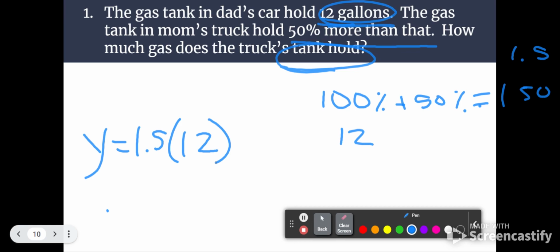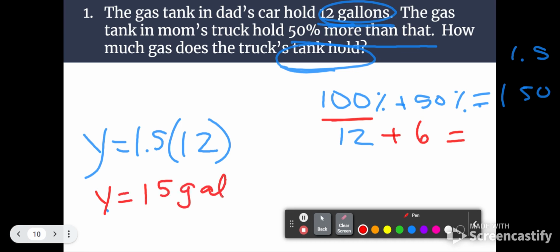If you don't know what the decimal is, you can do your 100%, and then 50% of that would be 6. So then 150% is going to be 15 gallons. If they asked for how much more it is, that's your 50%. What they're asking for is how much Mom's tank holds, so that's going to be that 15 gallons.